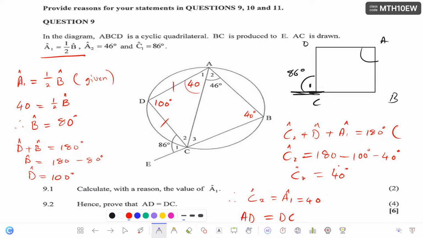Reason for this, side opposite equal angles. So yes, we find that AD is equal to DC. So both sides are equal because we have two angles that are also equal. So I think we are done with this one. Yes, we are done.